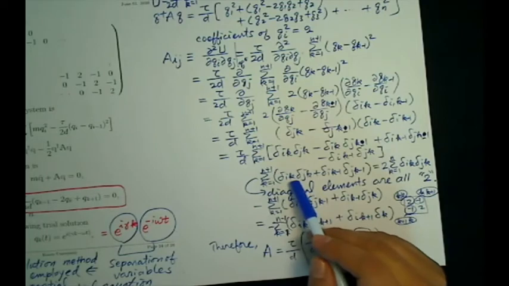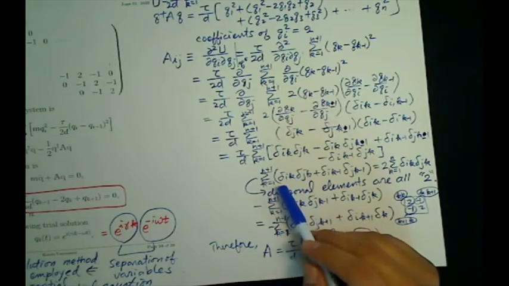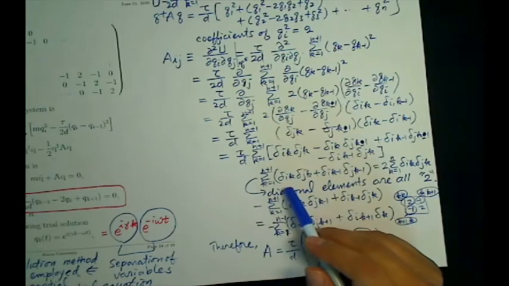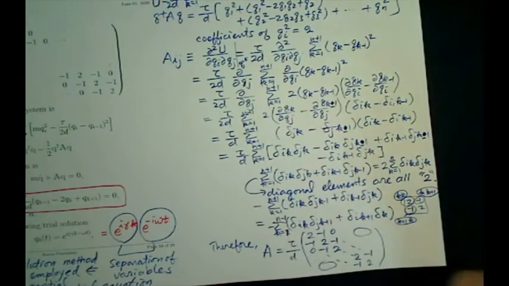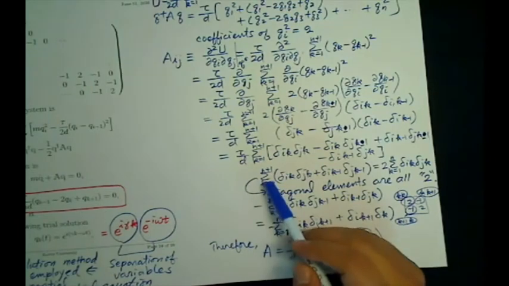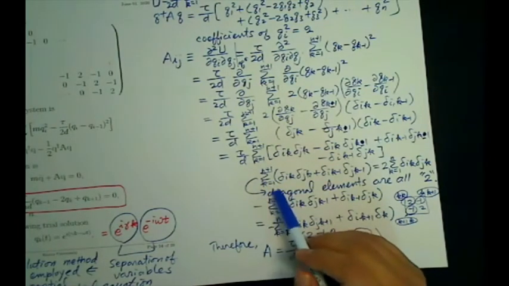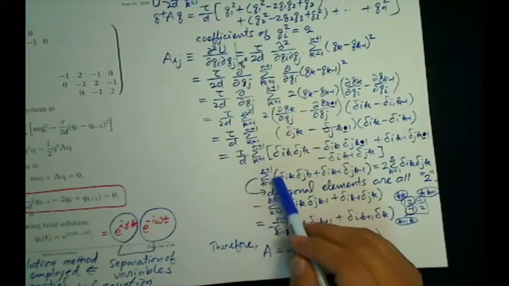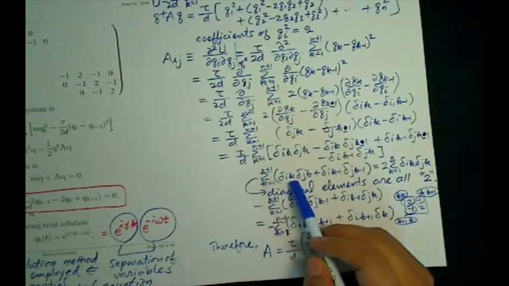We know that k runs from 1 to n, and k equals 0 and k equals n plus 1 are not to be considered because they are just fixed coordinates at 0. So in the summation, we consider the indices in the range from 1 to n only.